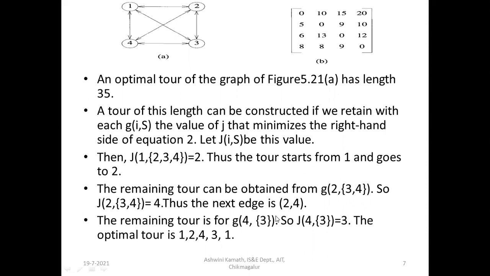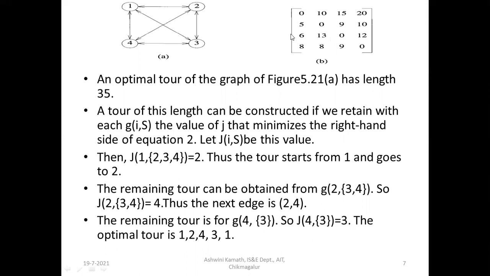Obviously, from 3, we have to go back to 1. So it will be 1 to 2, 2 to 4, 4 to 3 and 3 to 1. This is the optimal tour with the length 35. So 1 to 2 is 10, right? 10 plus 2 to 4. What is 2 to 4? 2 to 4 is also 10. 10 plus 10 is 20.